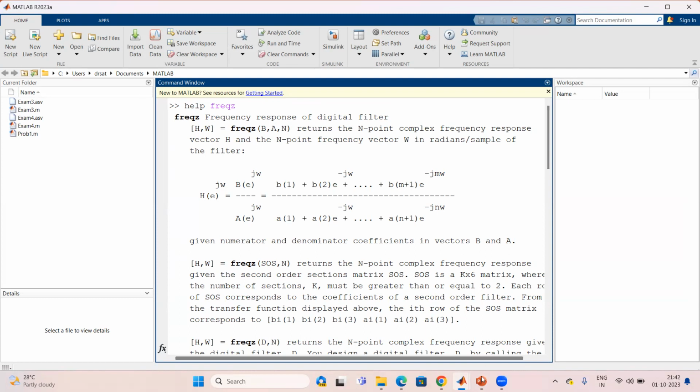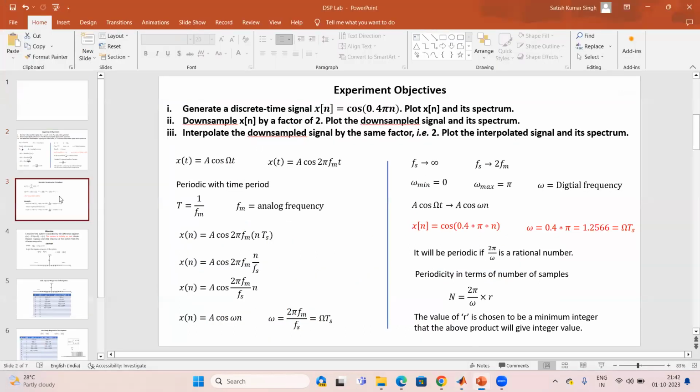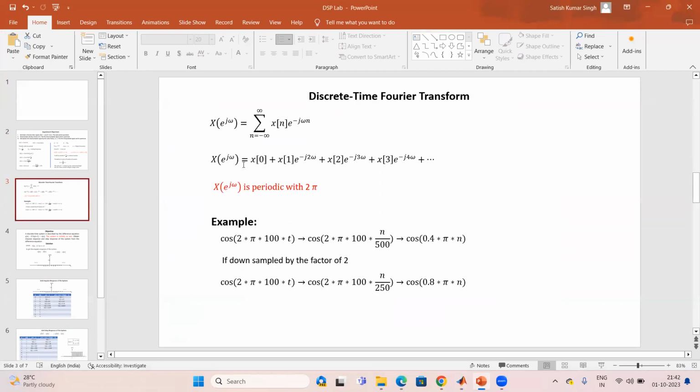So as I have shown you in this slide that normally in the discrete time Fourier transform, omega will be a continuous variable in this case, but for the plotting on MATLAB, we cannot take the continuous values, okay? So again, we have to discretize this omega, right? So that discretization we have done.